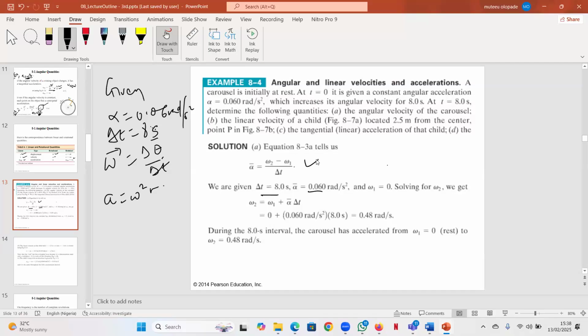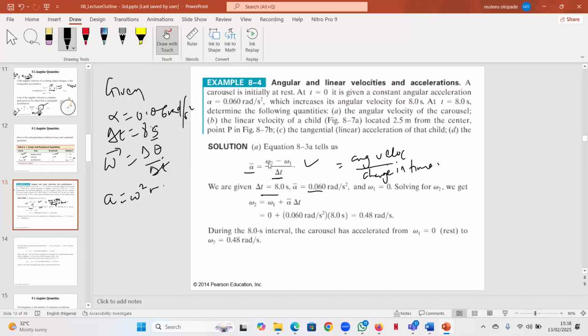Now, if you are trying to solve for the angular acceleration, it is the angular velocity divided by change in time. From here, we know the acceleration and we know the time change.